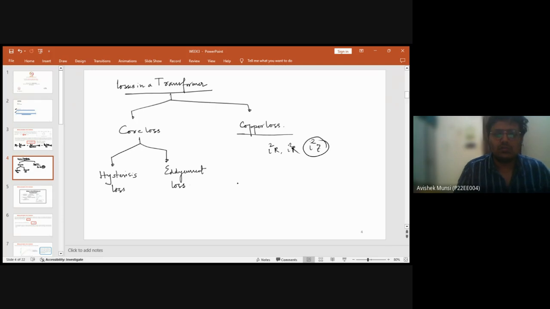So in case of a transformer, obviously, if we have an input power P in, we will not get that power, we will get the output power with some losses subtracted from it. So the losses are core loss and mainly copper loss. Other than this, there are some losses like friction and windage losses.